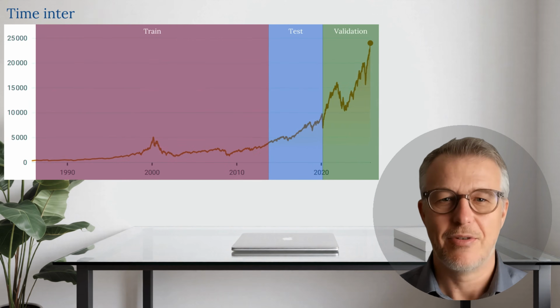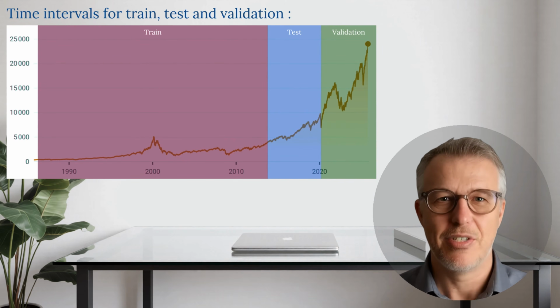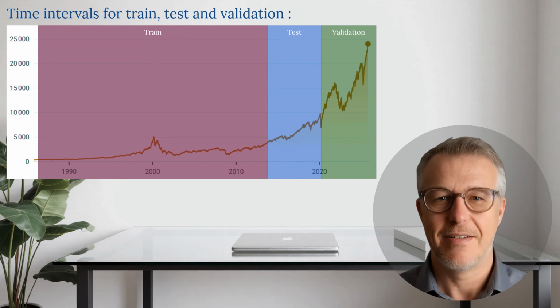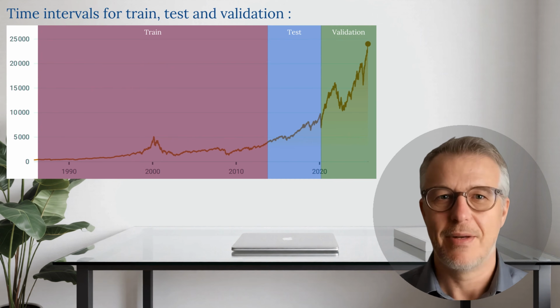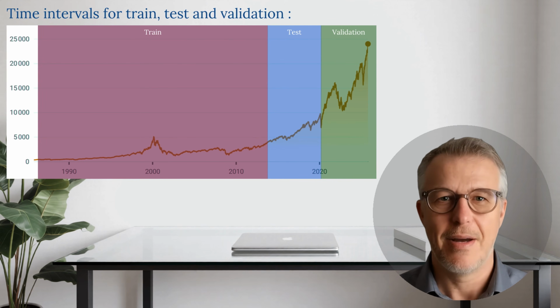A key aspect of quantitative trading is the concept of training, testing, and validation periods. A common approach is to define these as consecutive time windows, each serving a different purpose in the model evaluation process. The main drawback of this approach is that early stopping is often performed on the test period, and if this test period does not cover a wide enough range of market conditions, the model may be imbalanced and struggle to generalize across market conditions.